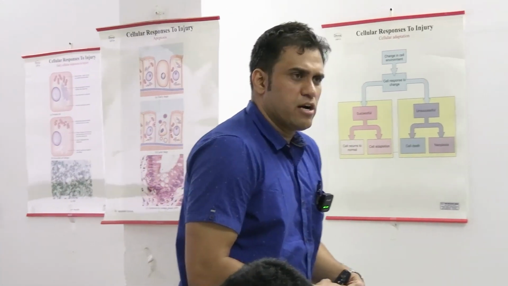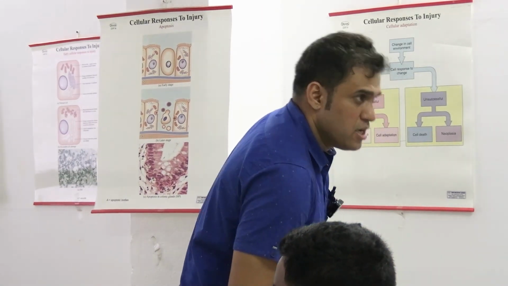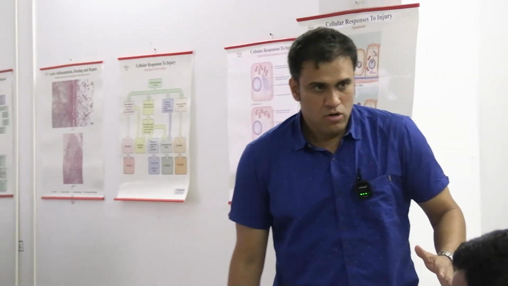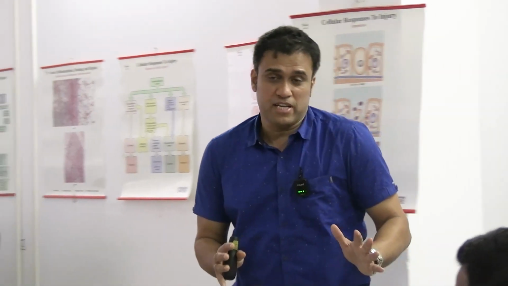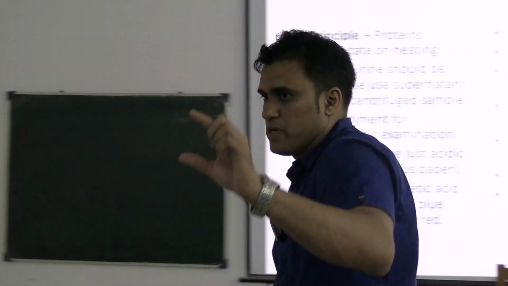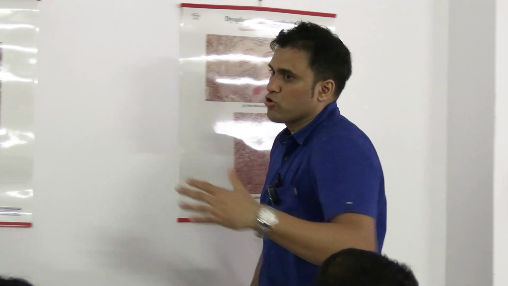Because turbid urine can be because of inflammation, infection, some neoplasm, or phosphates; there can be so many reasons for a turbid urine. So you have to do a microscopic examination in that case. The sediment, which settles at the bottom, will be used for microscopic examination.